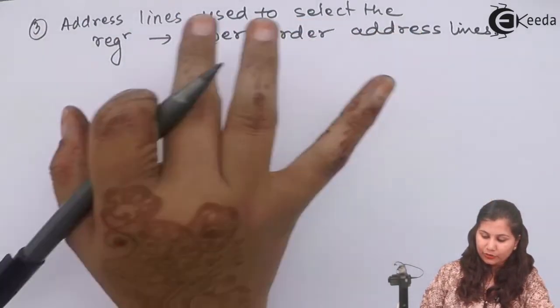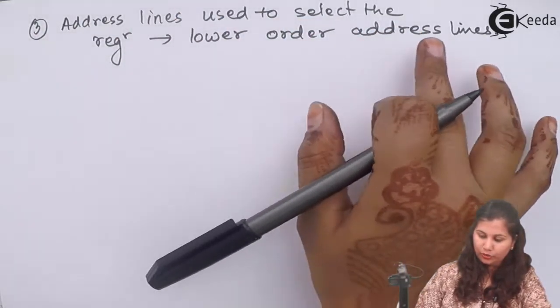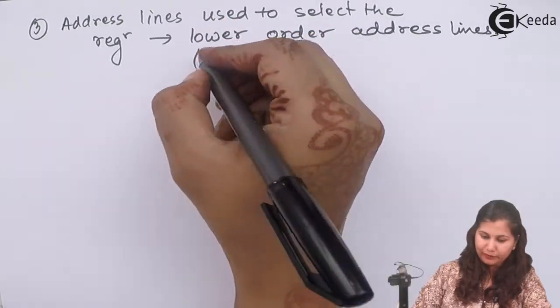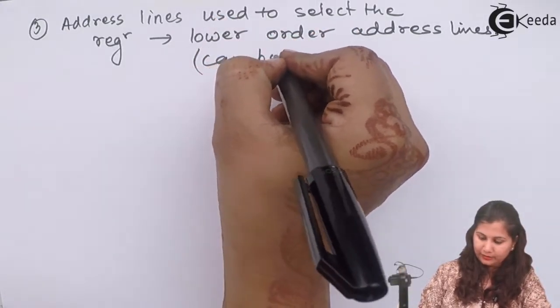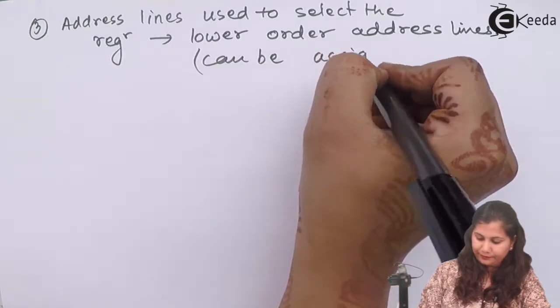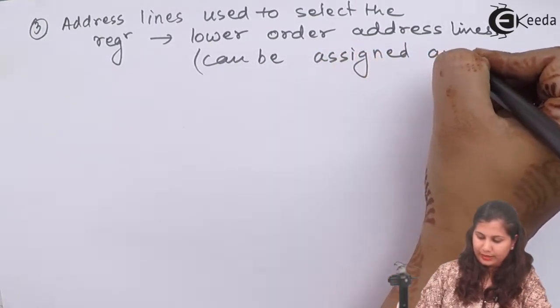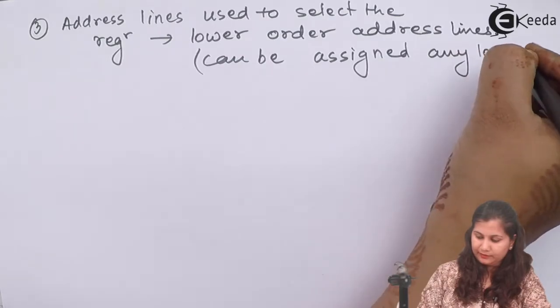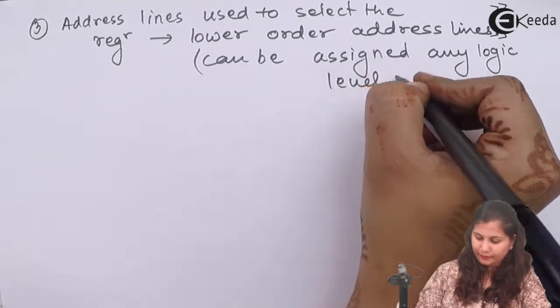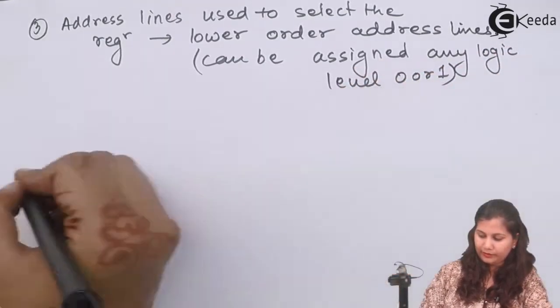So the address lines used to select the register are the lower order address lines, and they can be assigned any logic level, 0 or 1.